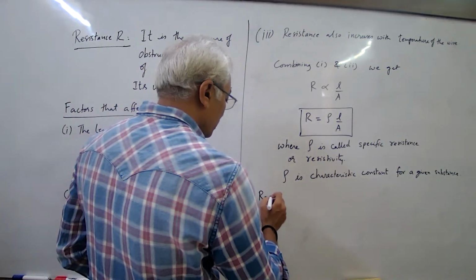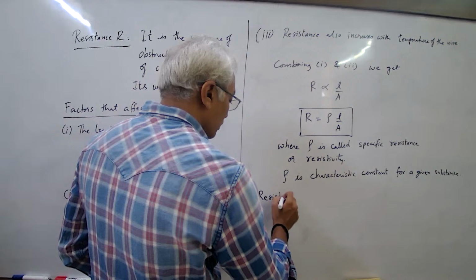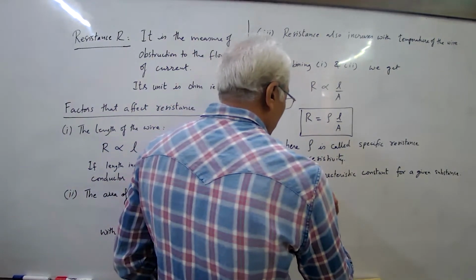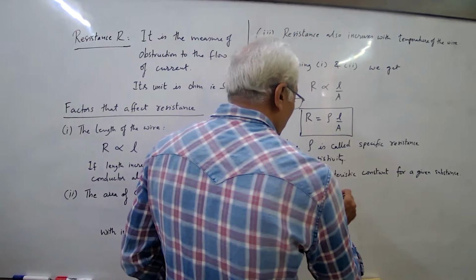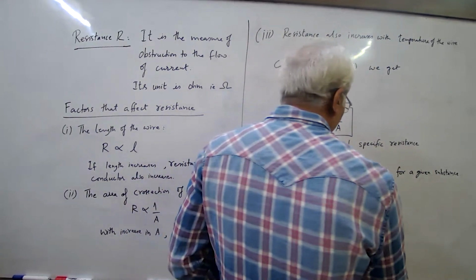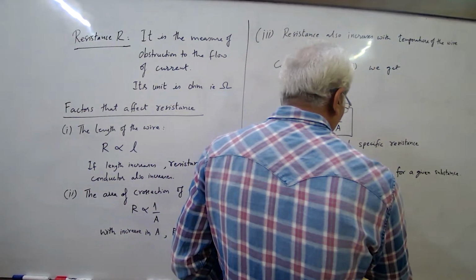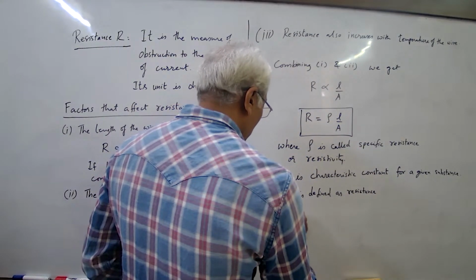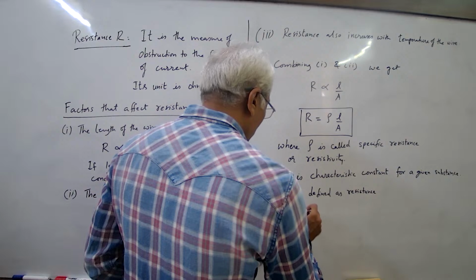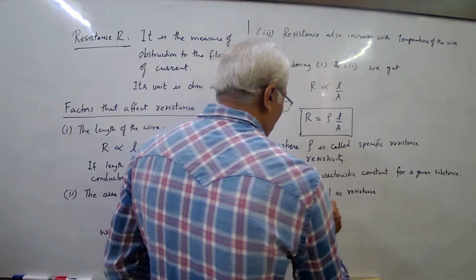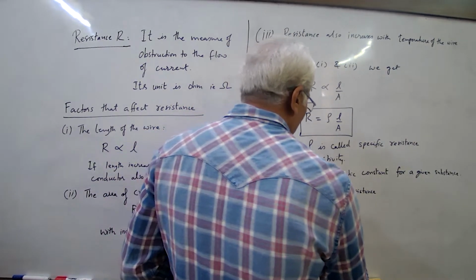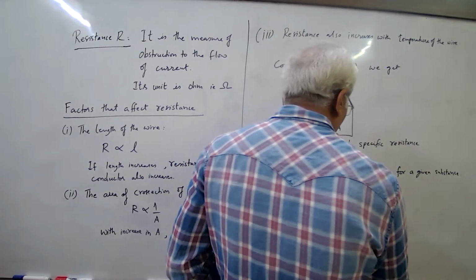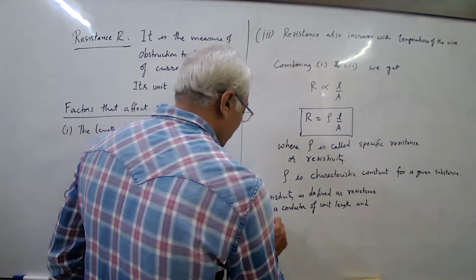Resistivity is defined as the resistance of the conductor of unit length and unit cross-sectional area.